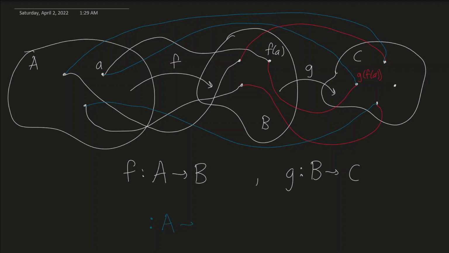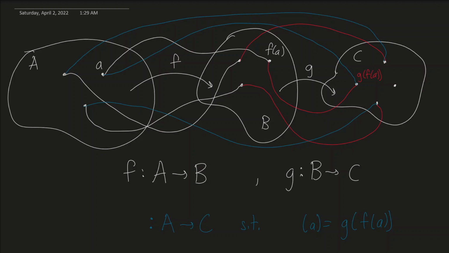And this new function, which we're going to give a name in just a moment, evaluated at A is equal to g of f of A. For any element of A, this is how it maps elements of A into C.